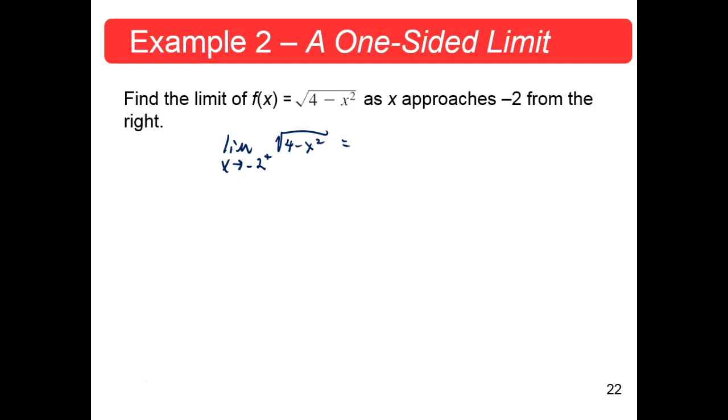Plug in negative 2. Well, what do you get when you square negative 2? Positive 4. 4 minus 4 is 0. The square root of 0 is 0. So sure enough, that's fine. Can you approach negative 2 from the left-hand side?